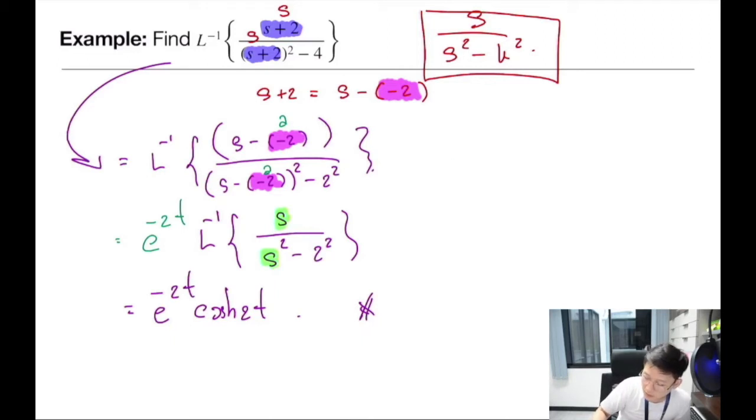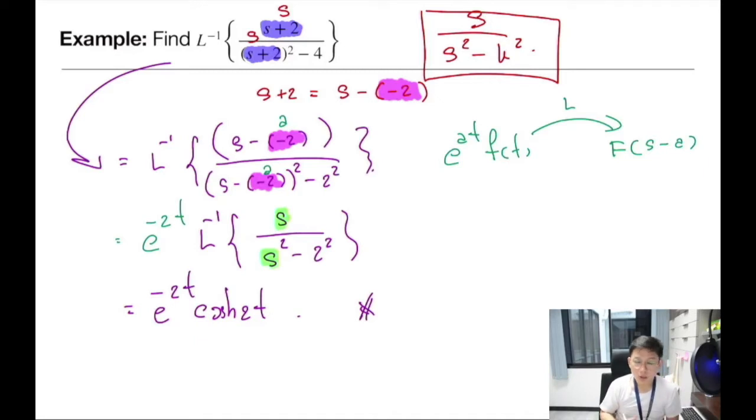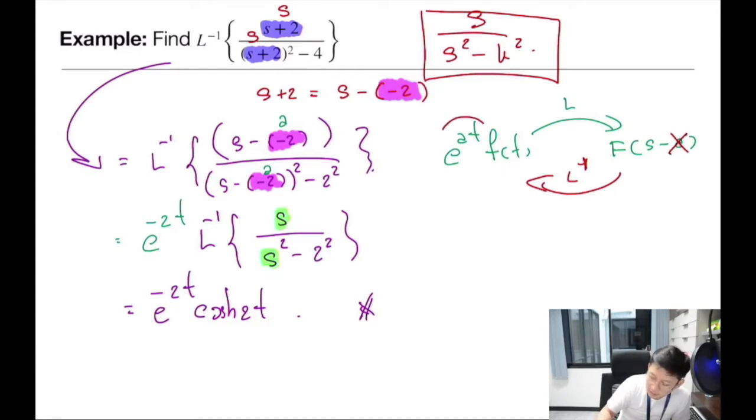When you do the Laplace transform of e to the at f(t), you shift it to F of s minus a. So whenever you see s minus a, you shift it back. You can eliminate this minus a, and it's going to be e to the at.